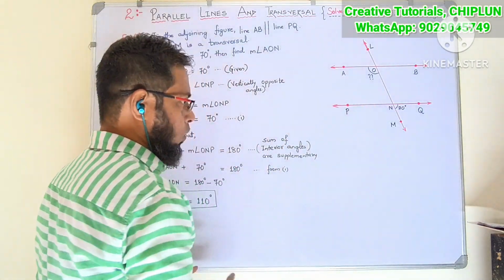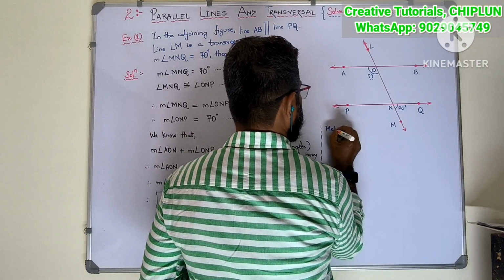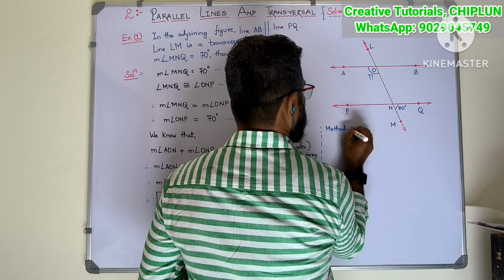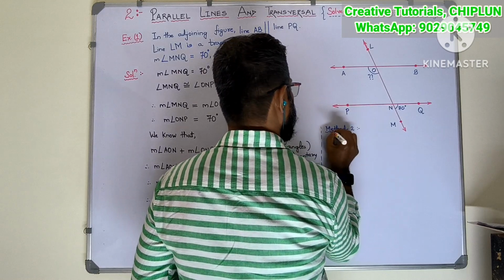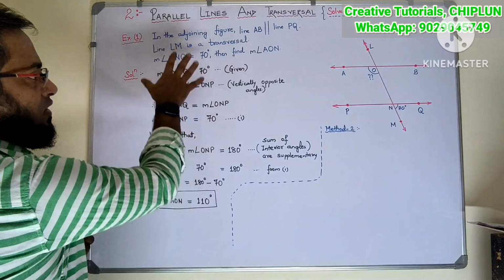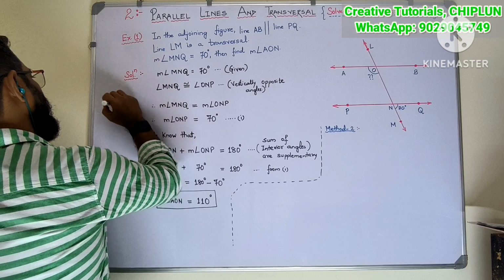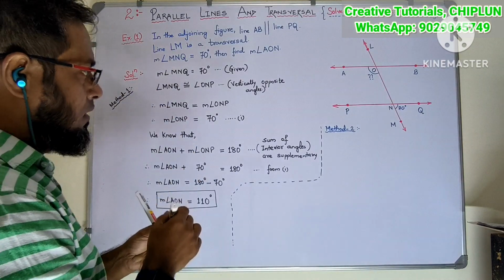Let us do the second method on this side. I will write method 2. Okay, this is method 1 if you want. You can write method 1 somewhere. This is method 1. All right.